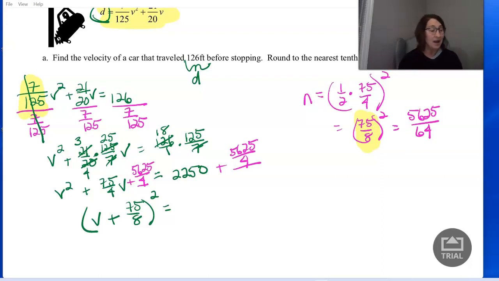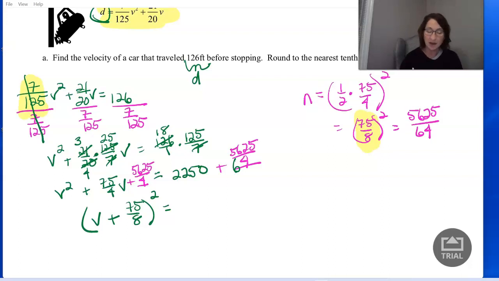Now, if I add these two numbers together, I need to have a common denominator. Oopsie, my 6 didn't, that should be a 64. When I get my common denominator, this is actually going to end up being a huge number.